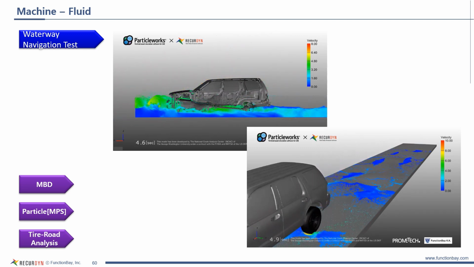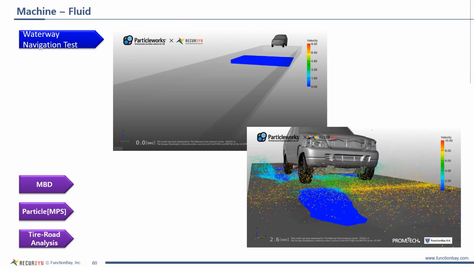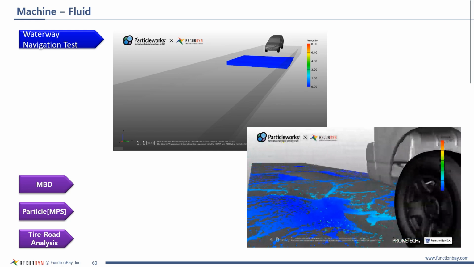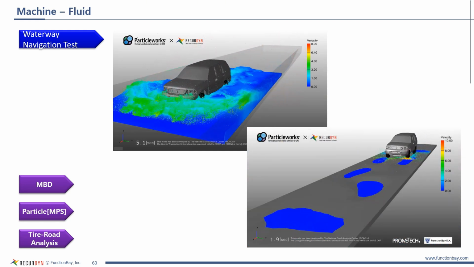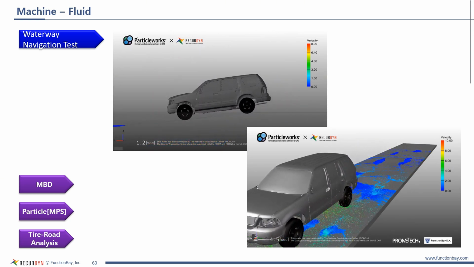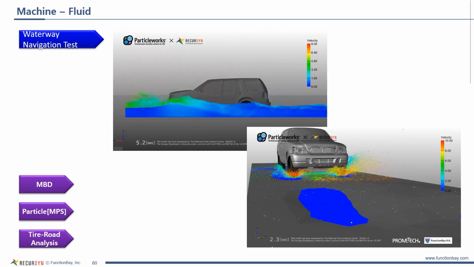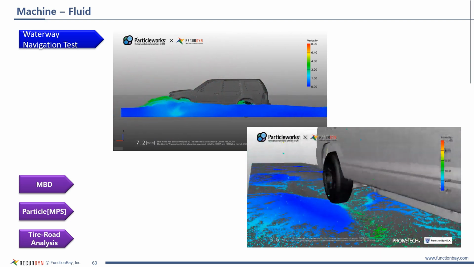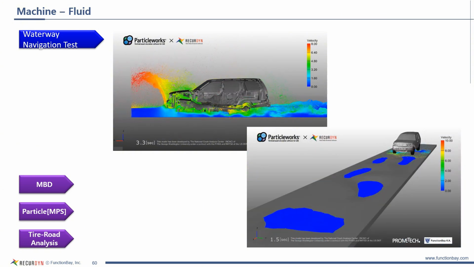Unlike a traditional CFD, the fluid analysis technology that analyzes liquids as interactions between small fluid particles is called moving particle simulation, MPS. Applying this particle method to fluid analysis allows for dynamic interactions between fluids and moving equipment.